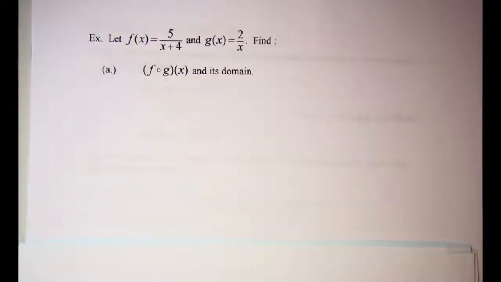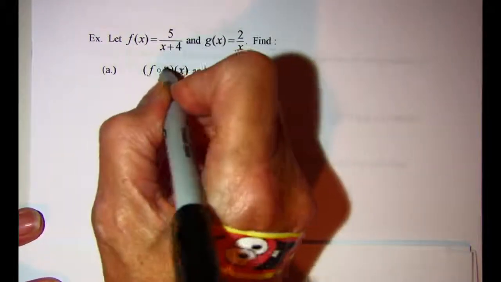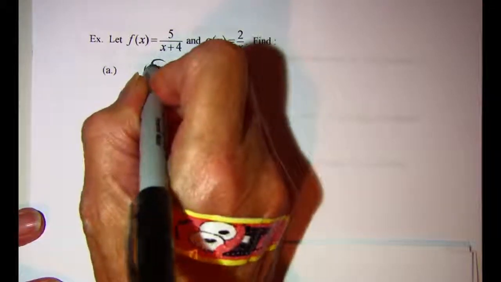In this example, we're told that f of x equals 5 over x plus 4, and g of x is equal to 2 over x, and we're asked to find first f composition g. So we'll be putting g into our f function.